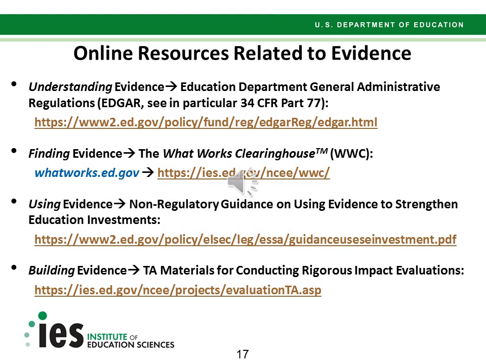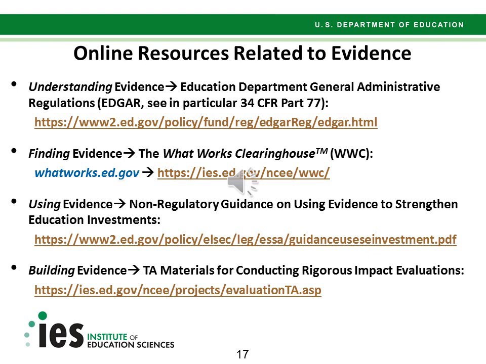Before concluding this presentation, I want to make sure you are aware of several pages on the U.S. Department of Education website that relate to evidence. First, to help you understand how various terms related to evidence are defined for the department's programs, you can consult the Education Department General Administrative Regulations, or EDGAR, specifically 34 CFR Part 77.